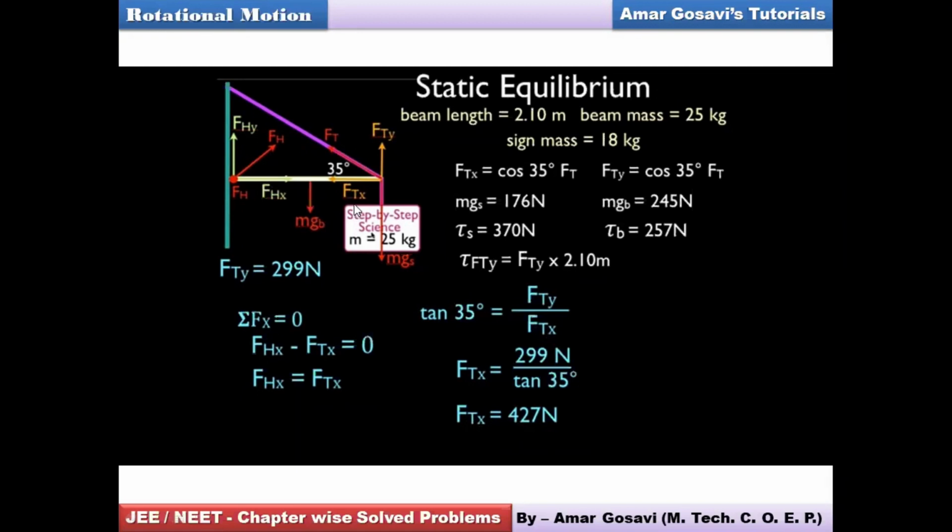Whatever is Ftx will be Fhx, because Fhx is equal to Ftx as per this equation. So we solve and get the value for Ftx as 427 Newton. Indirectly, once we get Ftx, we can find out Fhx. This is how you work out Ftx and Fhx. Please make a note of it and let me know once you have understood it.